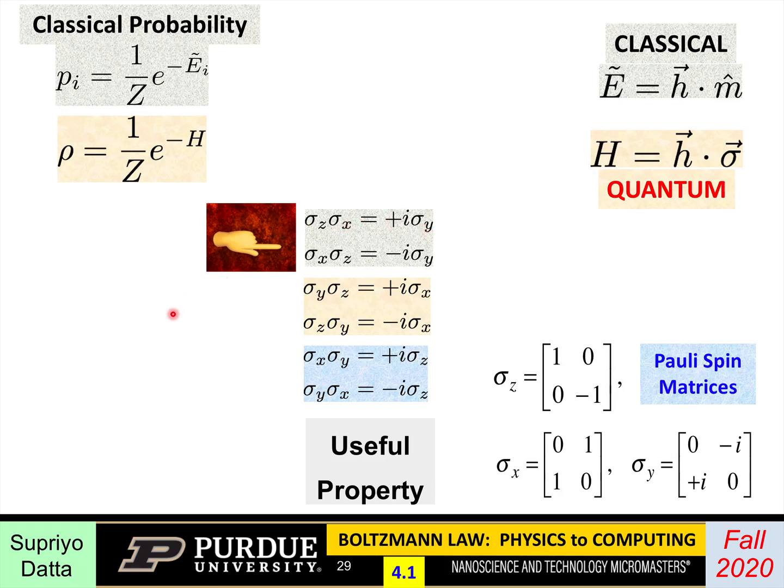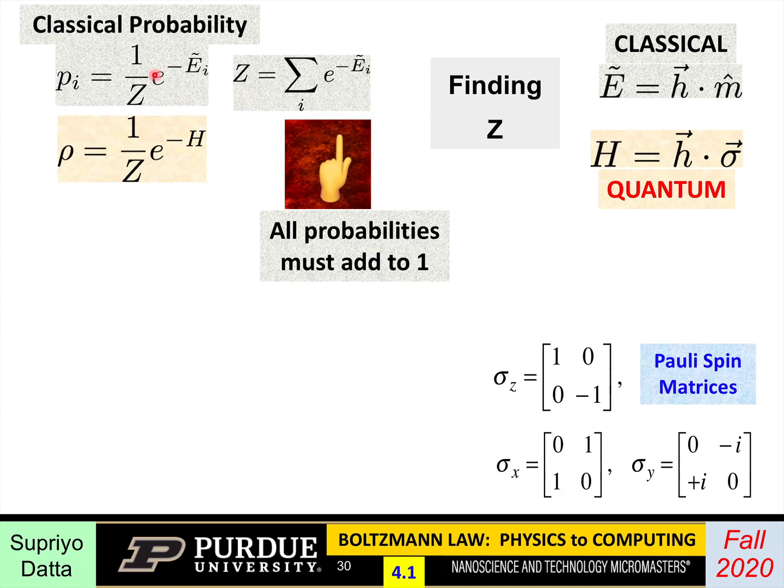Now one last thing, and that is to calculate the probability. As you know, you also need to figure out this constant in front. And in the classical case, the idea is that all probabilities must add up to 1. And so this constant, this denominator Z, is actually the sum of all the exponentials.